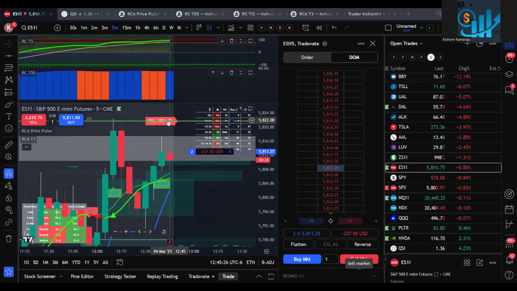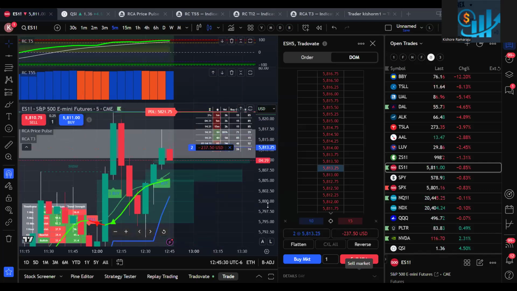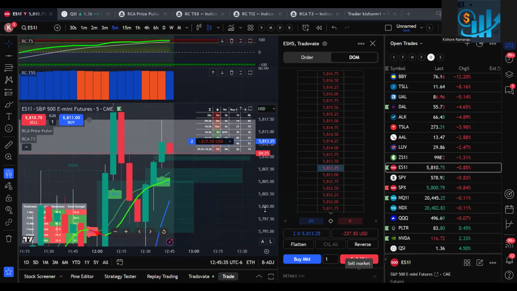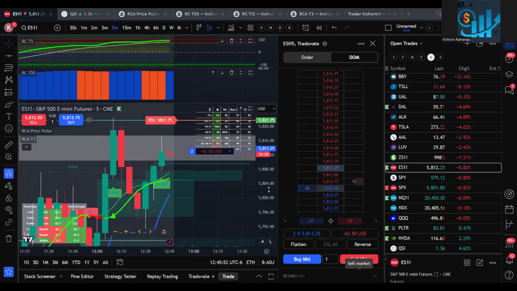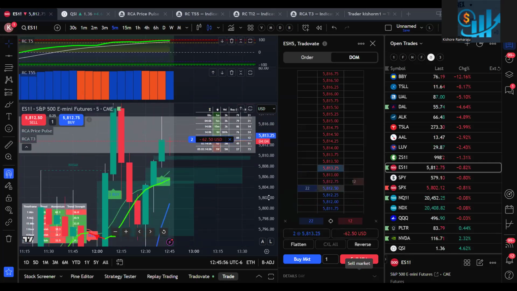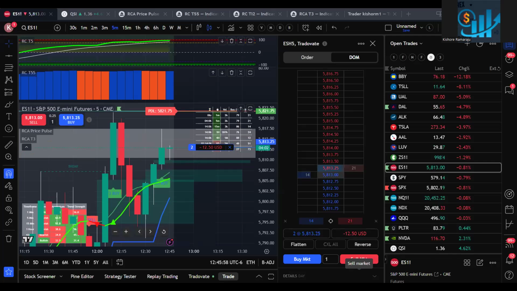It may go to touch that 58.21.75 one more time, and then you can take profits on SPX bull puts.